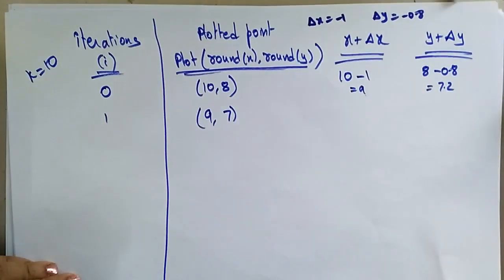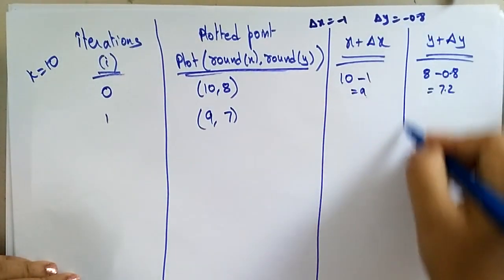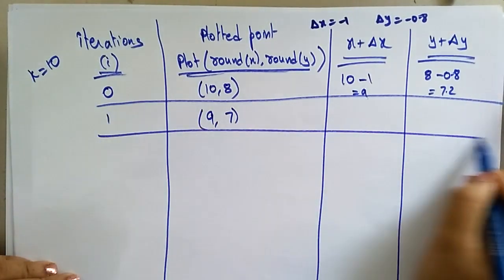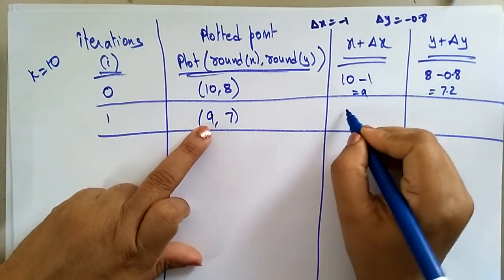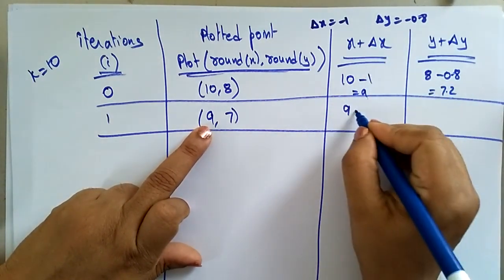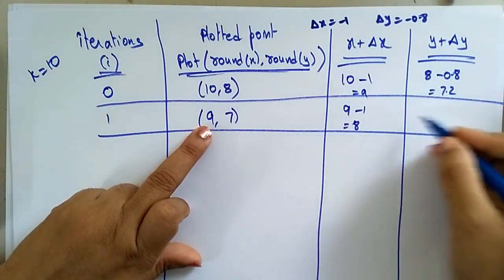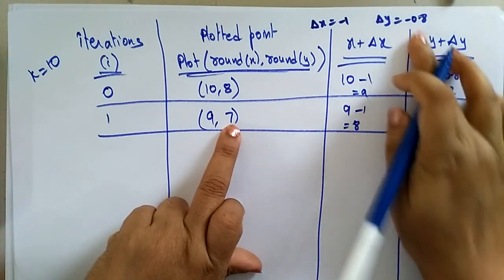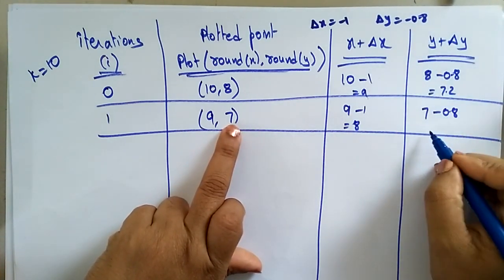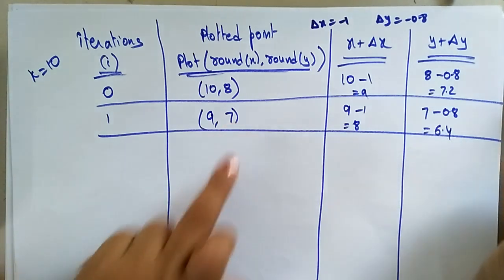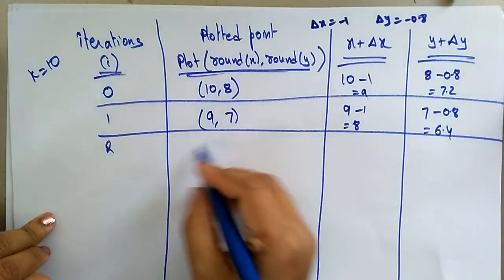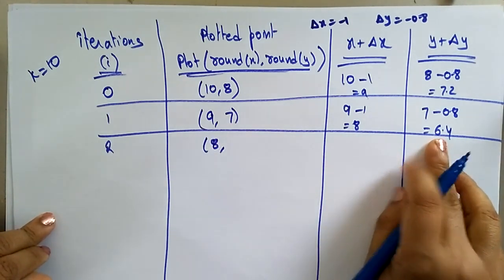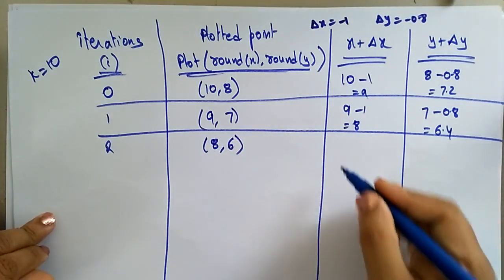So you won't be confused, let me write it like this. Now I'm calculating the next one. x is 9 and delta x is minus 1, you'll get 8. The y is now 7 and delta y is minus 0.8, so you'll get 6.4. In the next iteration the new point is 8 and 6.4, which rounds to 6.